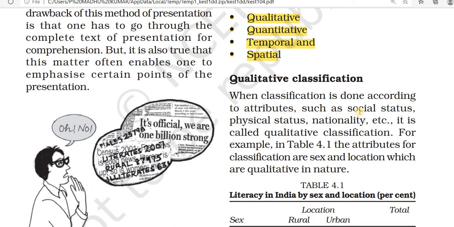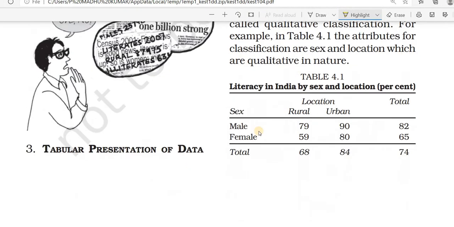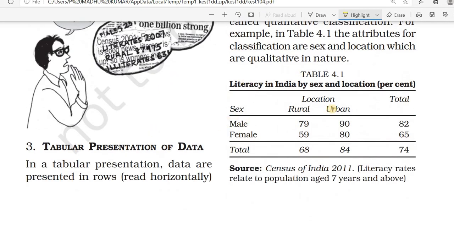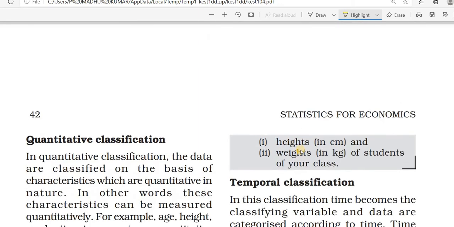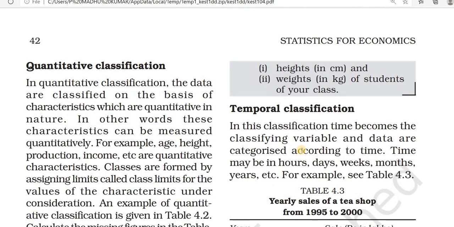Here you can see the table, male, female. Literacy in India by sex and location. In that, the male female ratio is there. Male and female we call qualitative classification, as they are qualitative in nature.